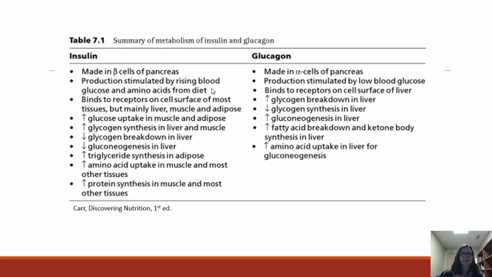However, when we enter into our post-absorptive state, which will transition into our fasting state and our starvation state, the predominant hormone is glucagon, and this increases glycogen breakdown, decreases glycogen synthesis, increases gluconeogenesis, increases fatty acid breakdown and ketone body synthesis, and increases amino acid uptake in the liver for gluconeogenesis.